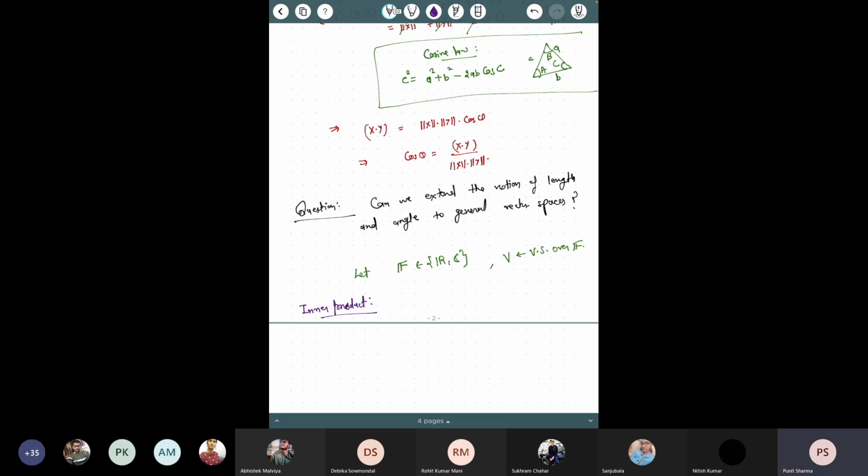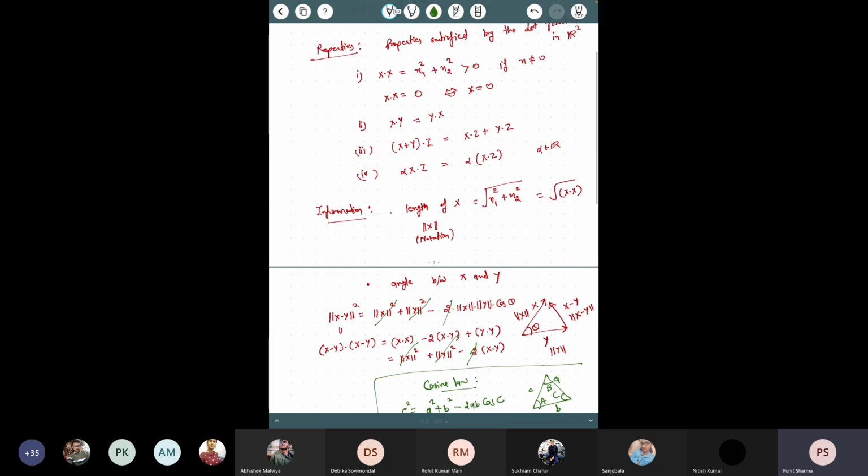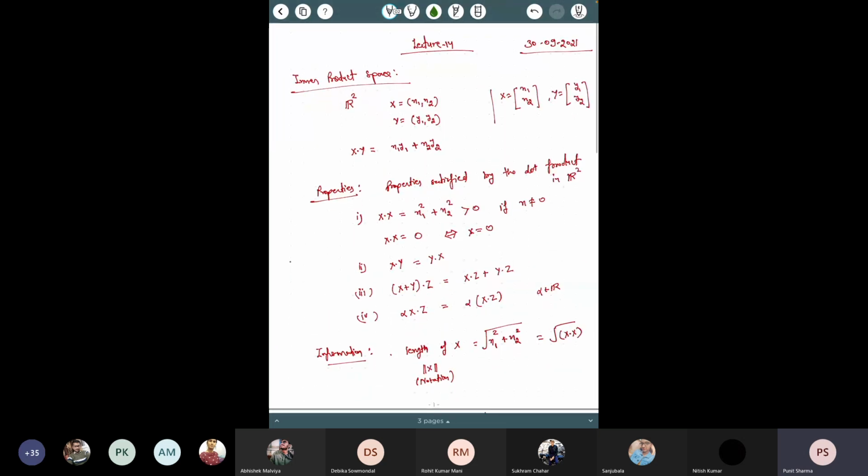So we just want to extend the idea of the dot product in R2 to a general vector space. Okay. So now let us look carefully at what this dot product is. It's a kind of mapping, you can say.